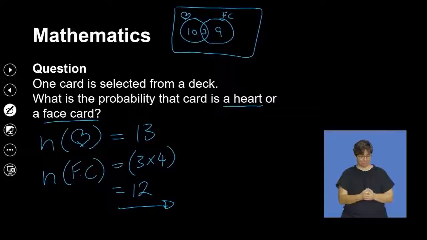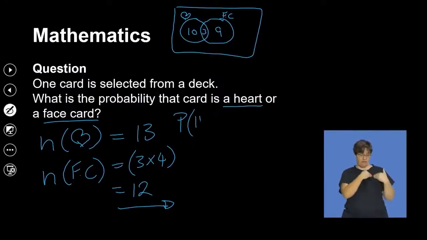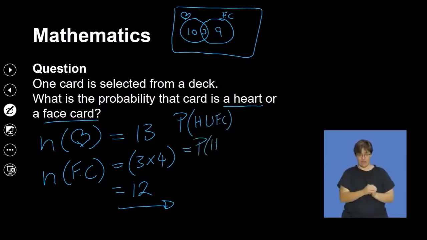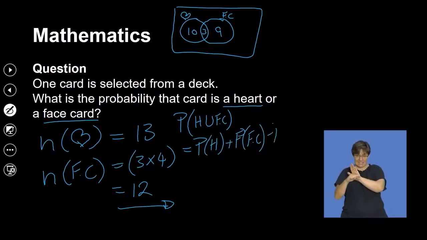If we are going to calculate the probability, we're going to say the probability of the heart, I'll just do it as H, union face card, is going to be equal to, because it's not mutually exclusive, the probability of the heart plus the probability of the face card minus the probability of the intersection of those 2.